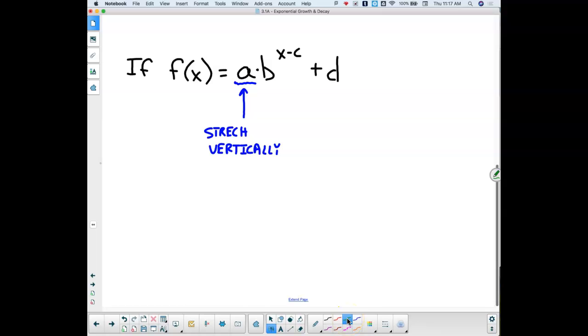C in here is going to shift the entire function horizontally. When we were dealing with conics, the unit we just got done with yesterday, we talked about things inside parentheses, you have to think oppositely for.